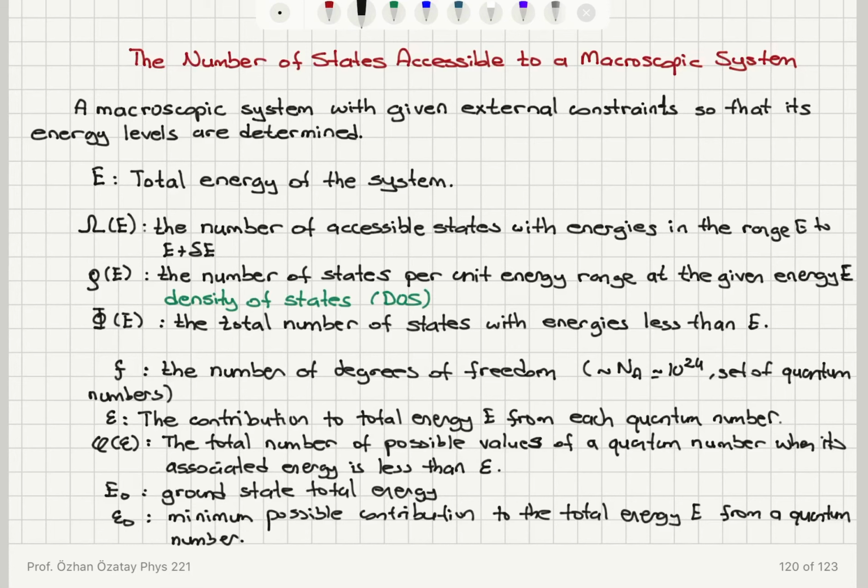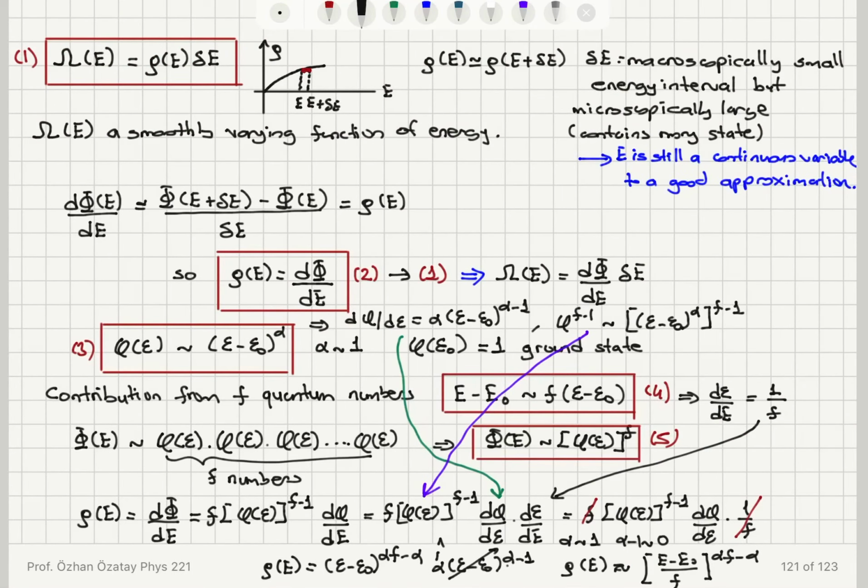Epsilon is the contribution to total energy E from each quantum number, and lowercase phi as a function of epsilon is the total number of possible values of a quantum number when its associated energy is less than epsilon. We called E0 the ground state total energy, epsilon 0 the minimum possible contribution to total energy from a quantum number.